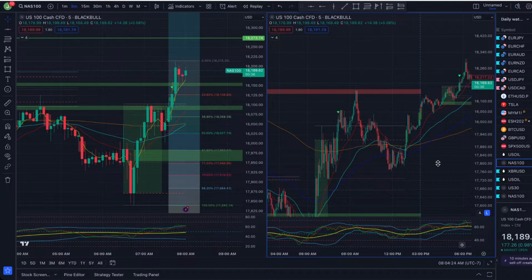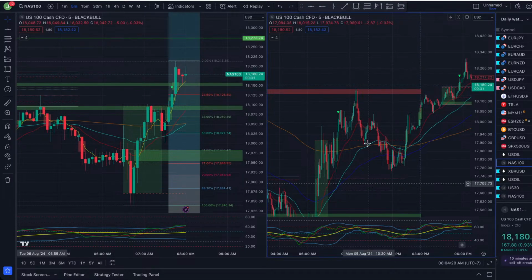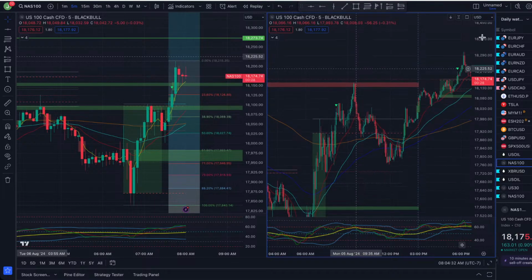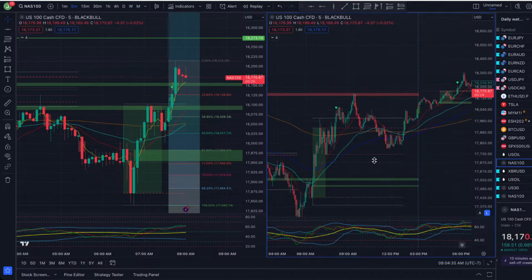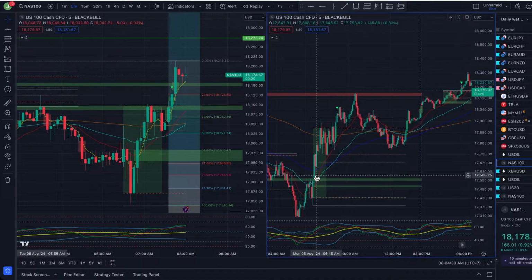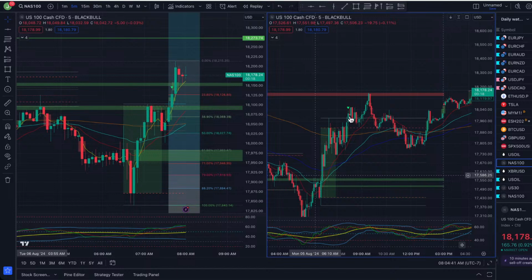So as we wait for a retracement on the left-hand side, I'm just going to go over, sorry, 1 second. Okay, so this is yesterday's New York. We had a bullish confirmation.